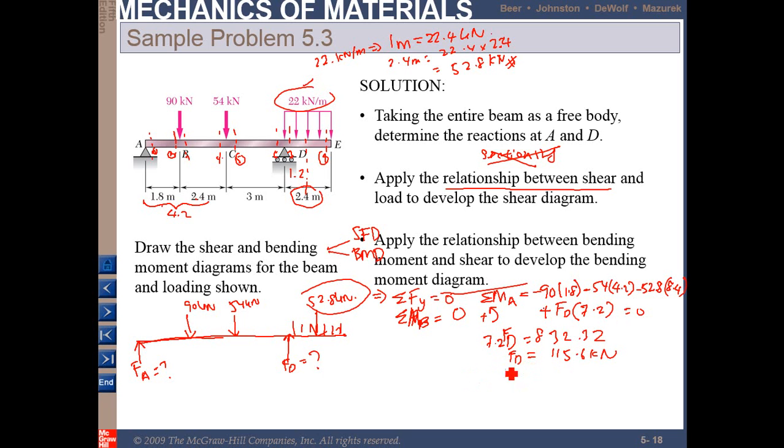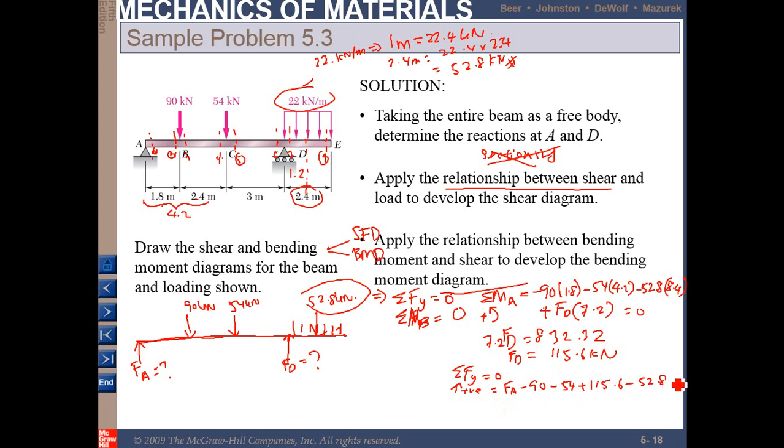So for summation of all forces in y direction is equal to 0. If you consider this as positive, so it is FA positive minus 90 minus 54 plus FD, which is 115.6, and then minus 52.8.